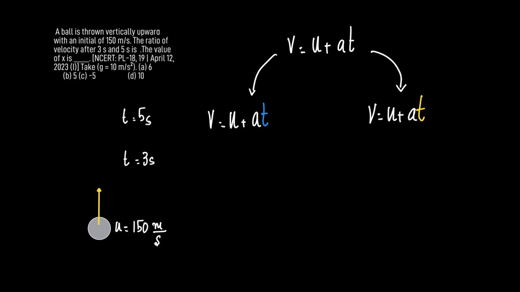So this would be v equals u plus at, with t equal to 3, and v equals u plus at, with t equal to 5.